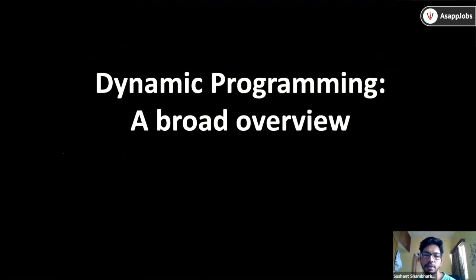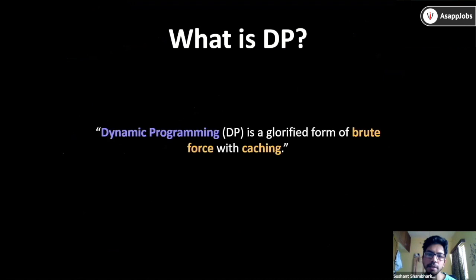I'll just cover a broad overview of what dynamic programming is. So, what is DP? In my sense, I think DP is just a brute force algorithm with a caching mechanism. This is the simplest I can go for dynamic programming. Then there are various mechanisms that you can use to solve a dynamic programming problem.